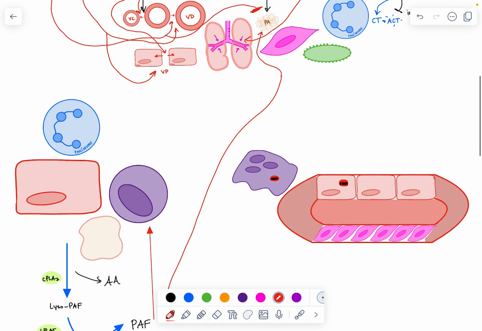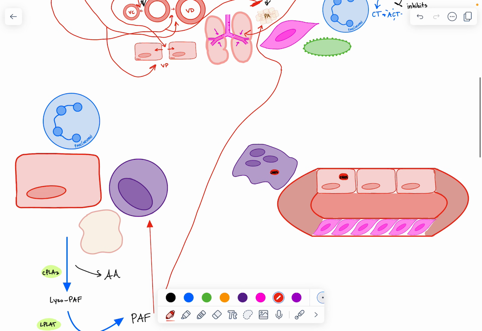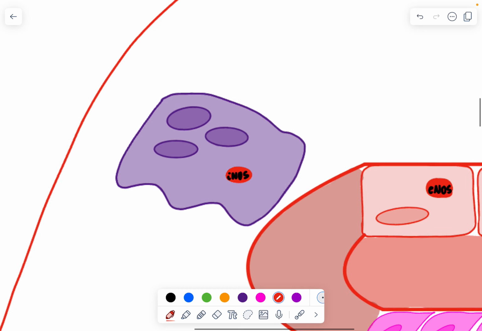So the last pathway that I am going to describe is the nitric oxide pathway. This pathway is a little bit different in that it's not really lipid mediated, though it is produced by cells, a couple of different cells with a couple of different flavors of the enzyme that creates nitric oxide.